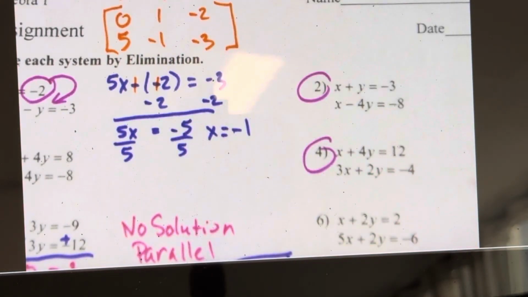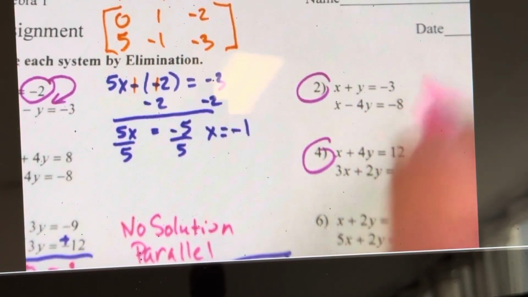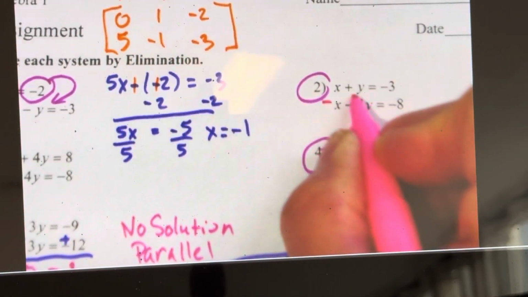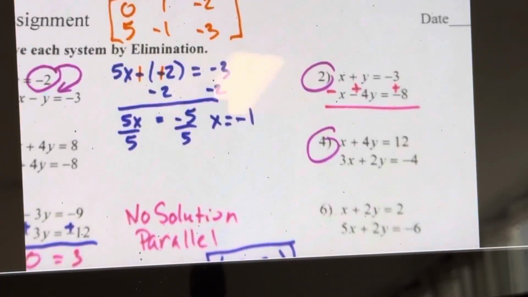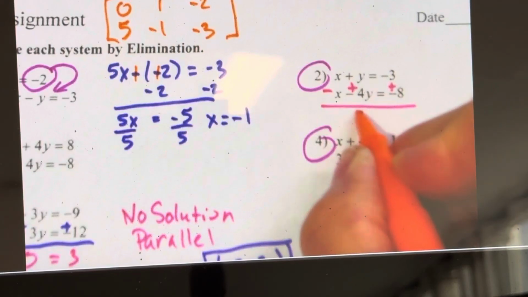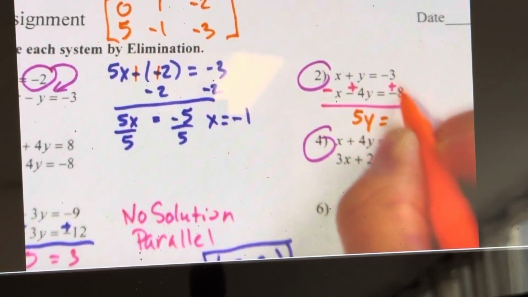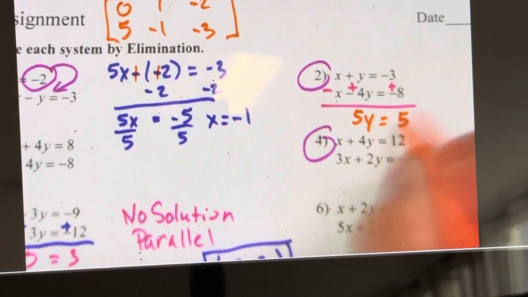I want to change the bottom one because I can make those 2 positive. So minus, plus, and plus. So x minus x makes that eliminate. 4y plus y, so if you have 4 and you add another one, you have 5y. 8 minus 3 is 5.